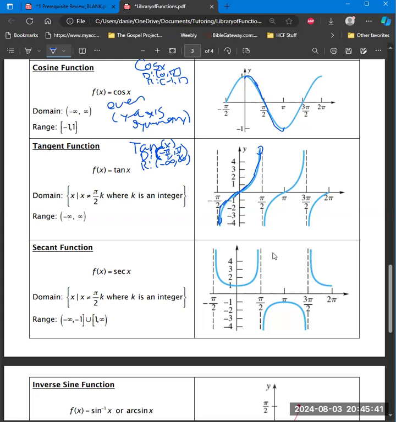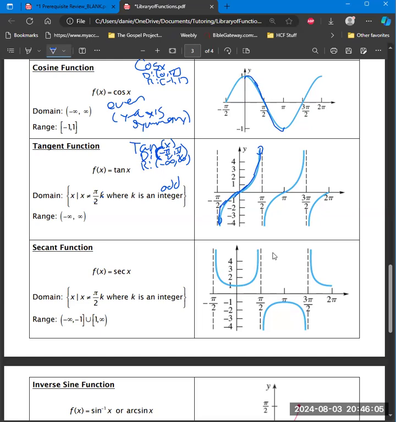Let's say the odd multiples of pi over 2, like that. It's okay if k is an even number because then you get one of these zeros here, but it can't be an odd multiple of pi over 2.